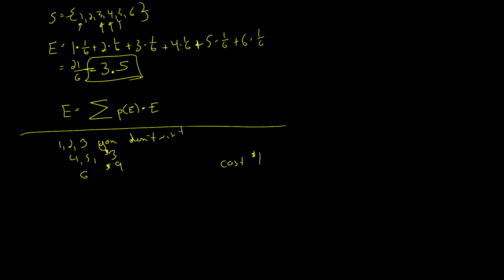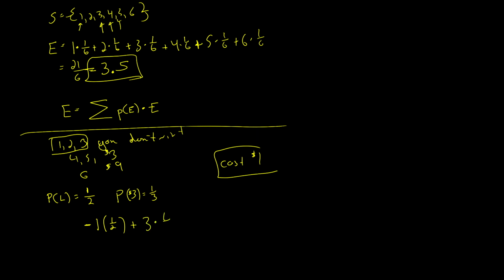What we want to know is, here we have a probability of losing. The probability of losing, you have 1, 2, 3, or 1/2 chance of that, and it has a negative value, -1 times 1/2. Now the probability of winning $3 is 2 in 6, or 1/3, and so it has a value of 3 times 1/3.